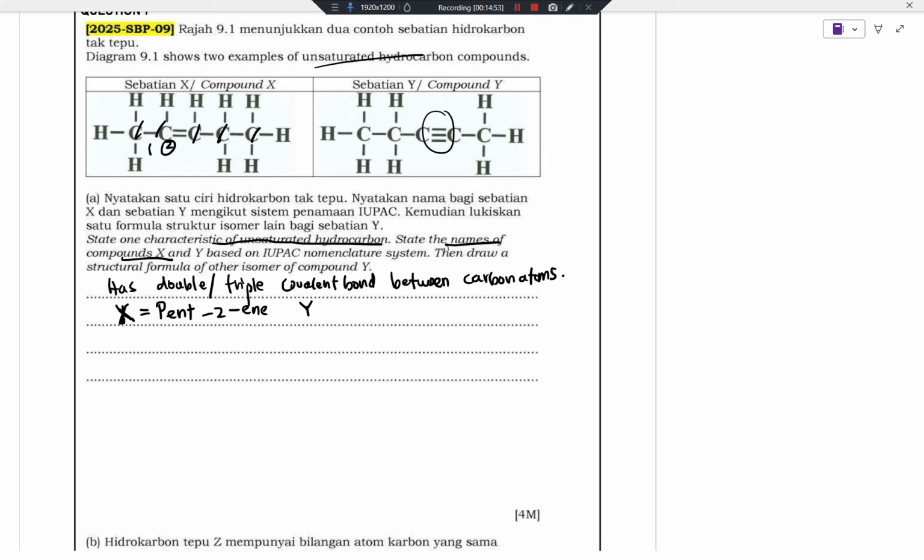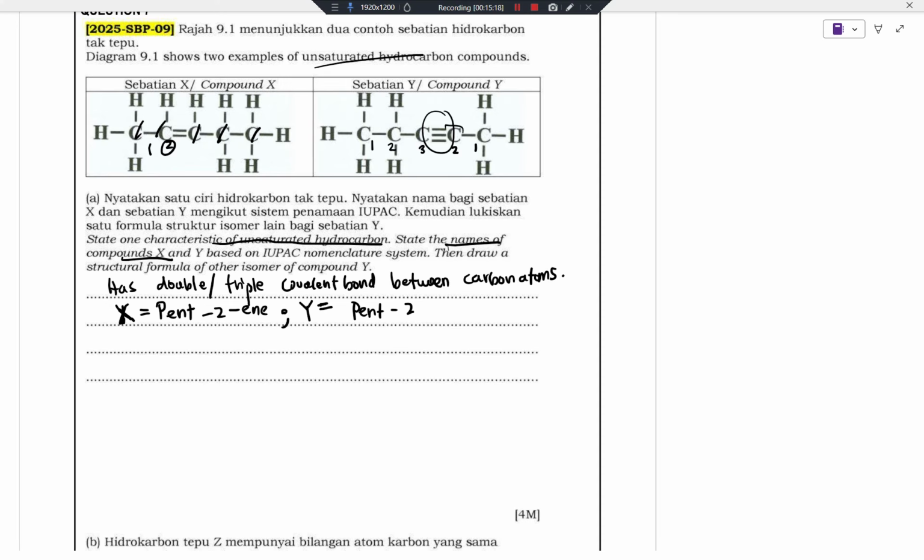And for compound Y, it is 1, 2, 3, 4, 5 also, but this one is pent. If you calculate from here, it becomes third carbon, right? But when you calculate from this side, 1, 2, from backward, it becomes second carbon, right?